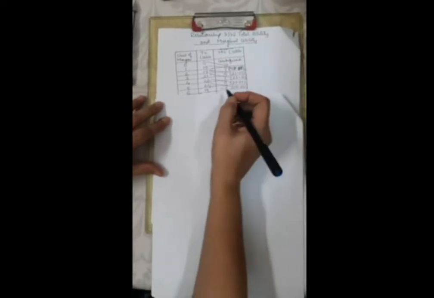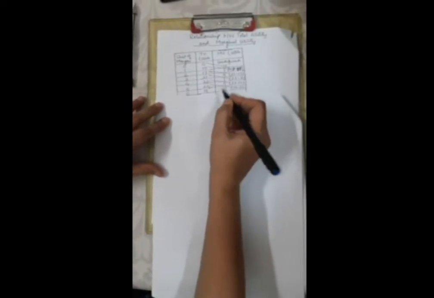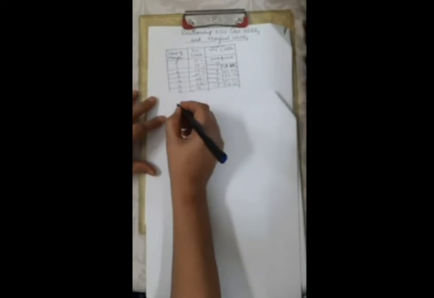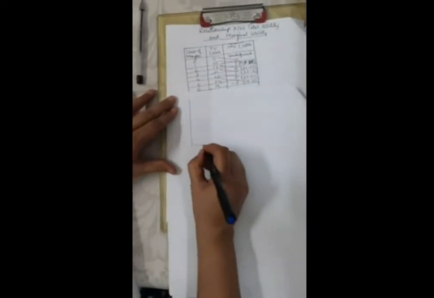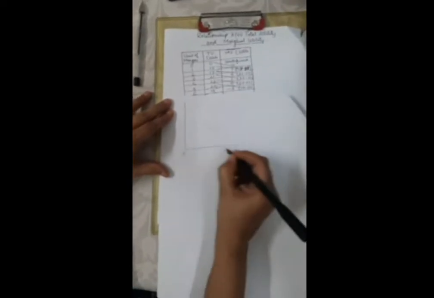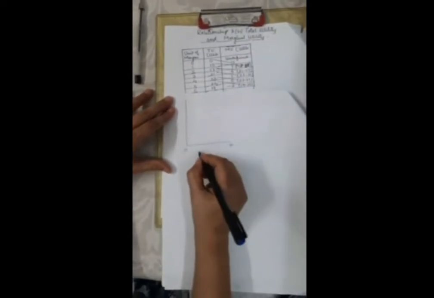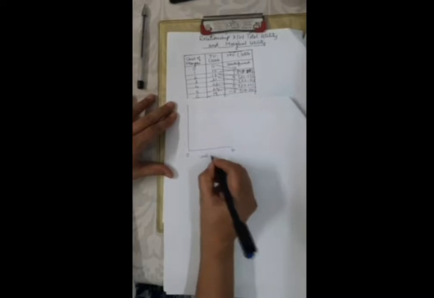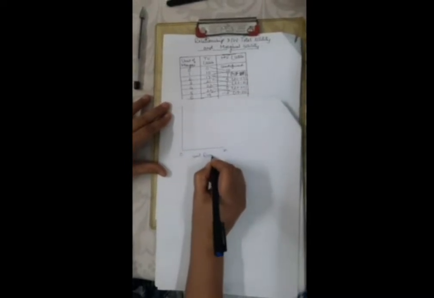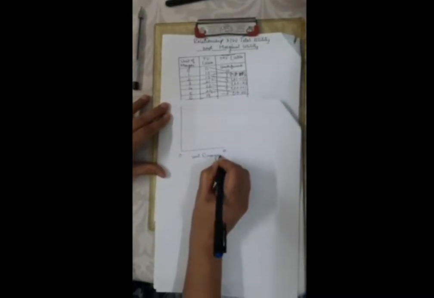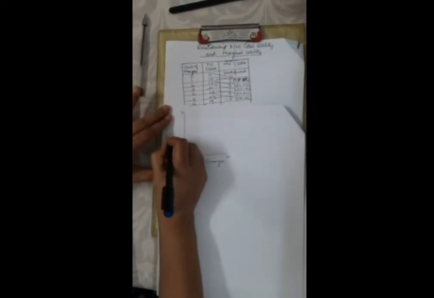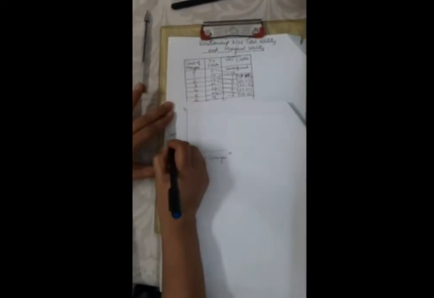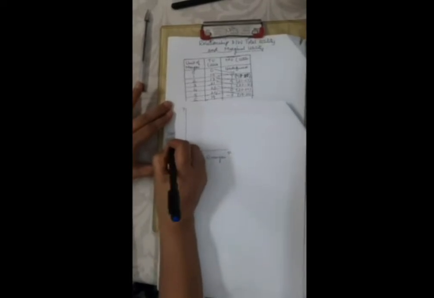Alright, so we will be seeing the diagram as per the table of total utility. Suppose we have taken over here, on the x-axis, the units of mangoes that are consumed by a consumer, and the y-axis tells us about the total utility which a consumer obtains when he consumes mango, right?